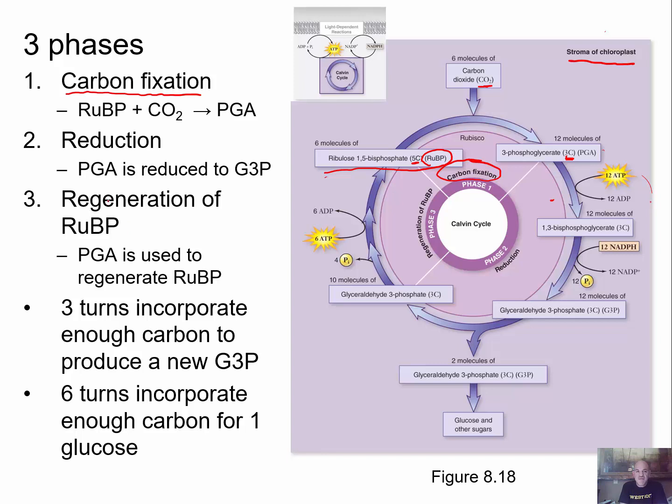Okay? And then from there, the next set of reactions is going to include a reduction. Here's where we're going to reduce the carbon dioxides coming in, or the molecule itself overall, by attaching hydrogens and electrons.